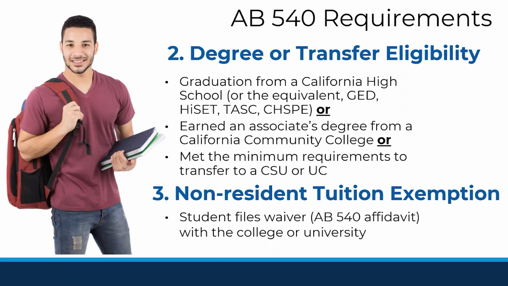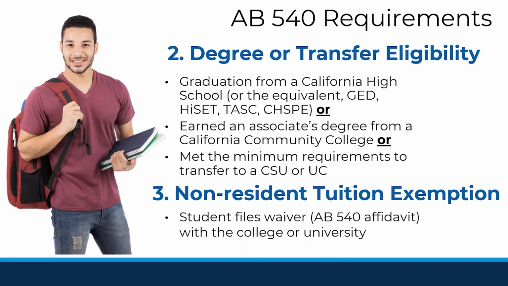Now, the other component of AB 540 is you do have to either graduate from a California high school or have taken one of the equivalency exams, most commonly the GED, or because of this new legislation, if you earn an associate's degree from a community college, you could also meet the requirements. Or if you meet the minimum requirements to transfer to a CSU or UC, you could also meet AB 540 requirements.